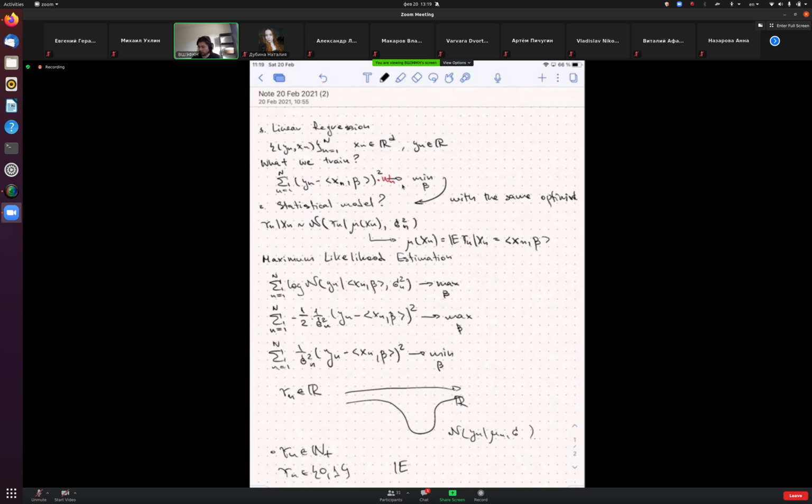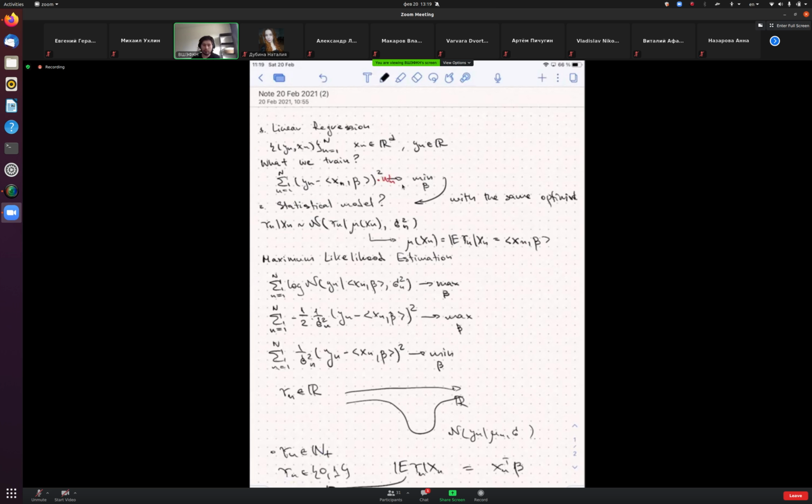Let's model some conditional mean of some distribution, but one that matches the domain of our target variable. This expectation is taken with some distribution which matches the domain of the problem we solve. And of course we would like to still have a linear model. So let me put n here, let this guy be linear regression.